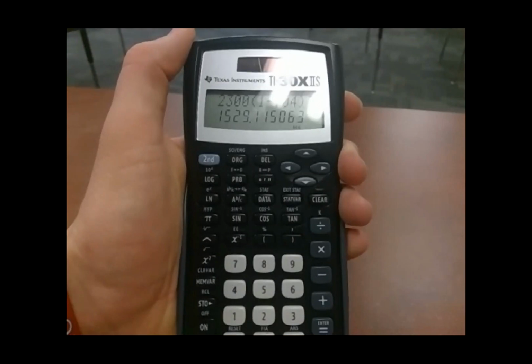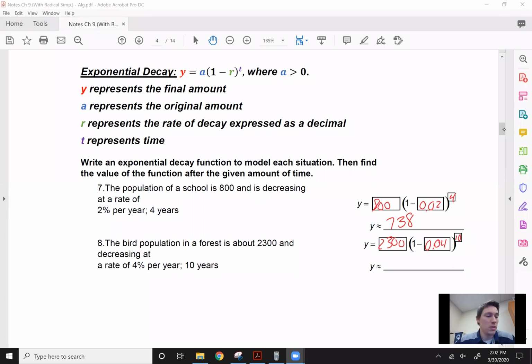And I get 1,529. So it'll be approximately, well, it's going to go from 2,300 birds to 1,529 birds if it keeps decreasing at 4% over the course of 10 years. That's what that's saying.